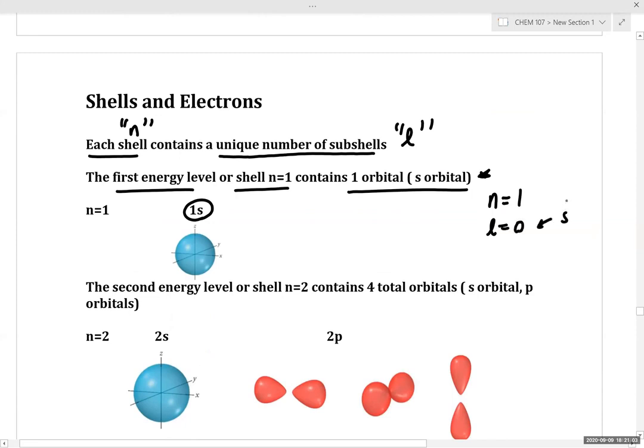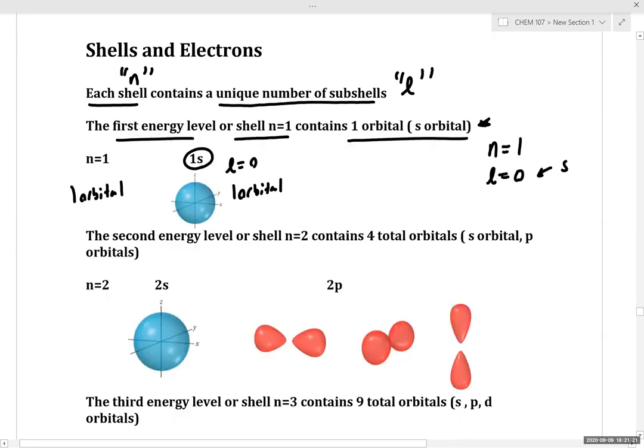That tells us we can have s orbitals. For L equals 0, we have 1 orbital. So in total, we just have 1 orbital in n equals 1. We can see that in the picture, because we see just 1 unique shape. Does that make sense?